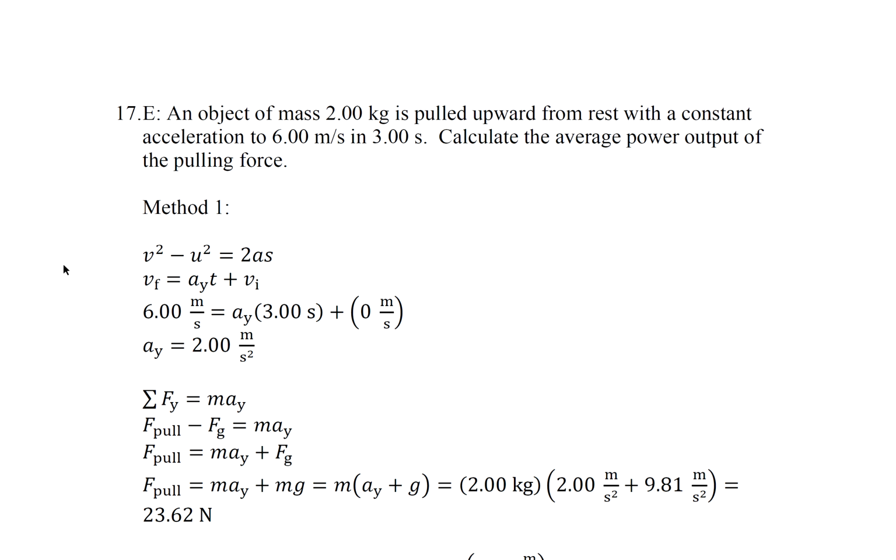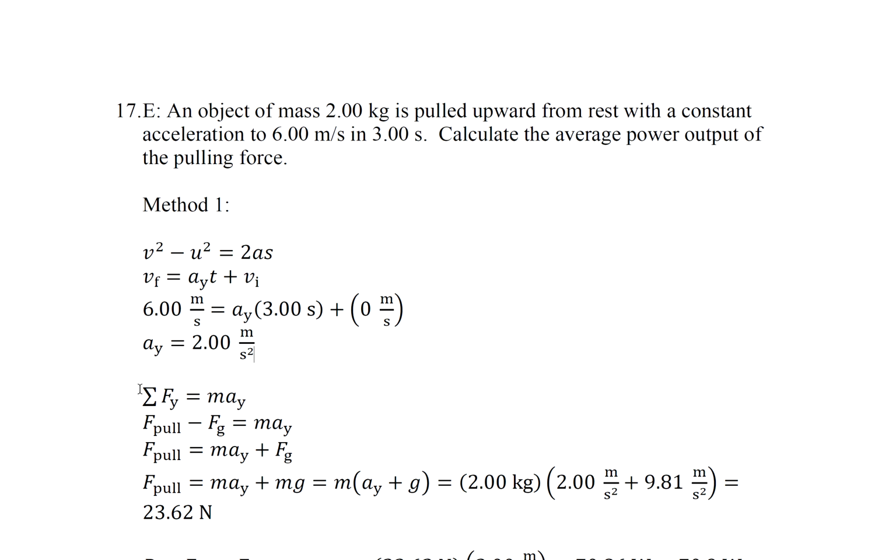Question 17. An object of mass 2 kg is pulled upward from rest with a constant acceleration up to 6 meters per second in 3 seconds. Calculate the average power output of the pulling force. So, first we find a sub y, the acceleration vertically.